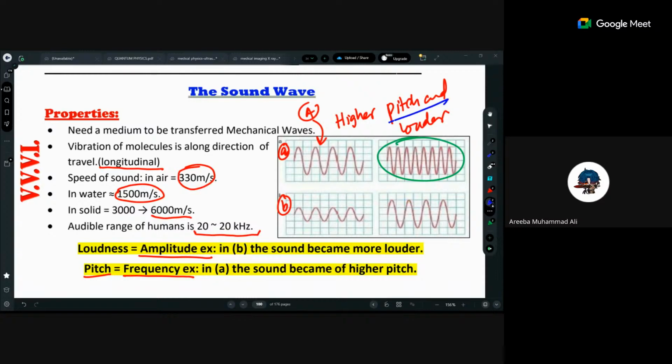And if the peaks are higher, the sound is louder. So the closer the peaks, the shriller the sound, high pitched sound. The higher, taller the peaks, the louder the sound.